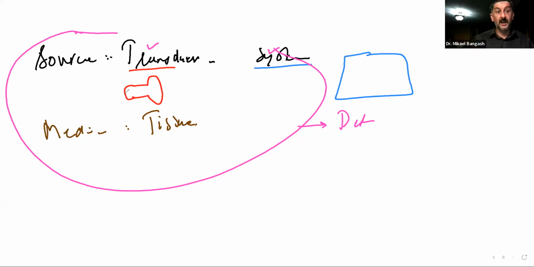Or the system: is it the power? Is it the intensity? Is it the amplitude of the sound wave produced? In this case, it is going to be determined by the settings of the system.